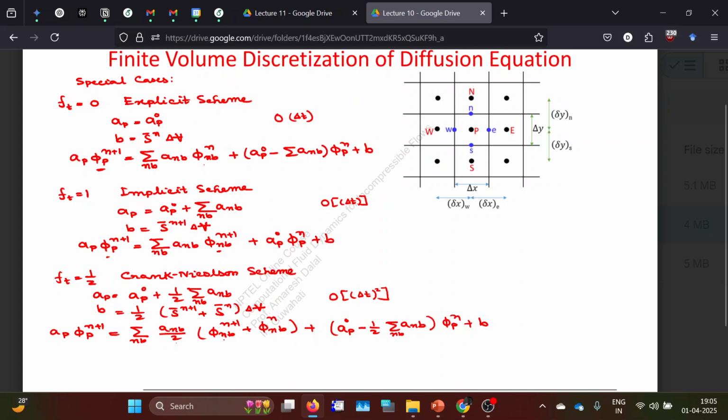And you see that Crank-Nicolson is giving you a diagonally dominant matrix where the APs are bigger. Then it's a good idea to use the Crank-Nicolson scheme. Actually, this might differ from case to case. I'm not sure. Okay.